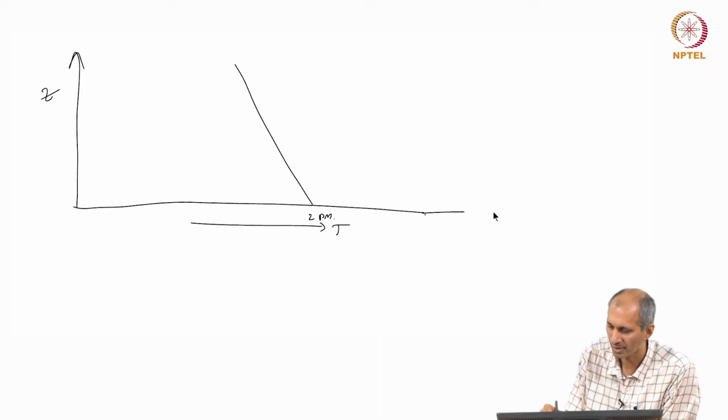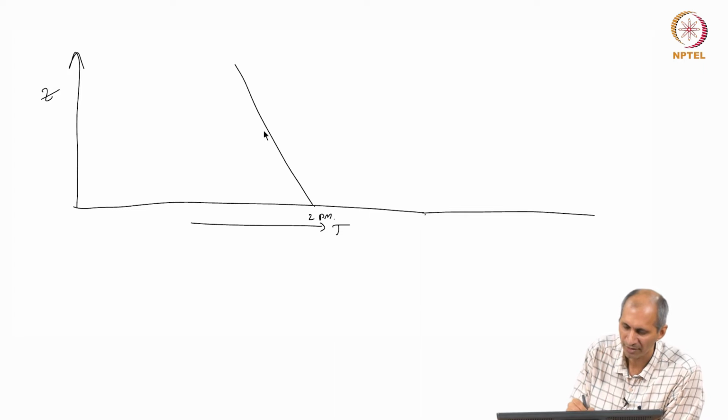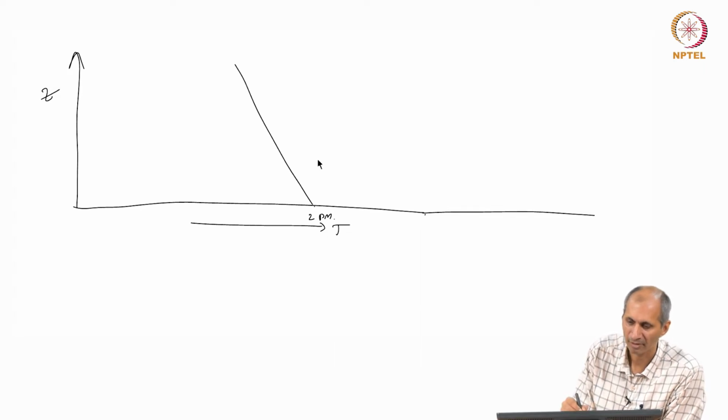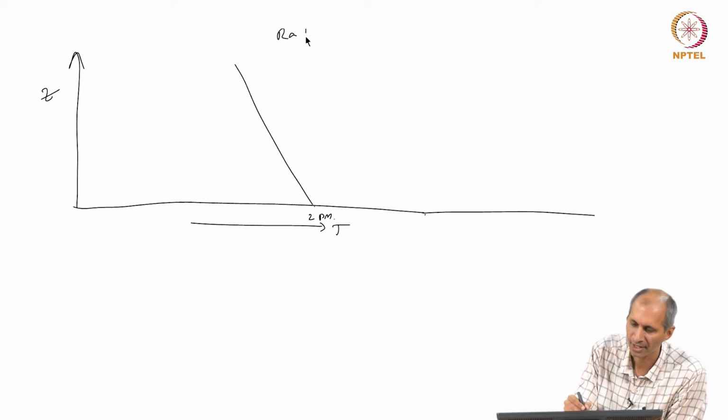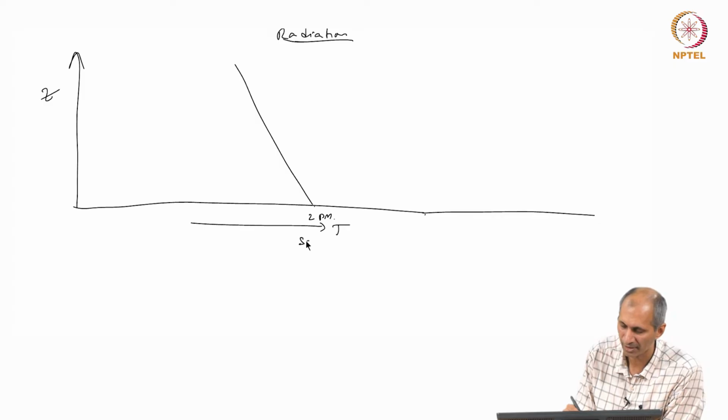What happens as we go closer to the sunset? This behavior happens mainly because during the daytime there is radiation, and the radiation heats up the soil or land faster than it heats the air.